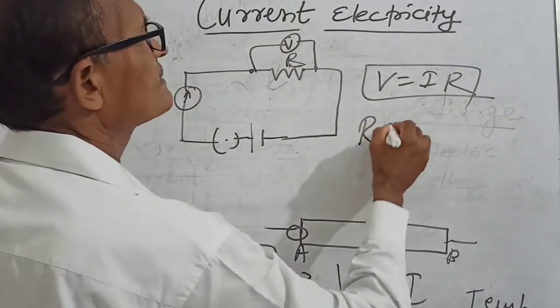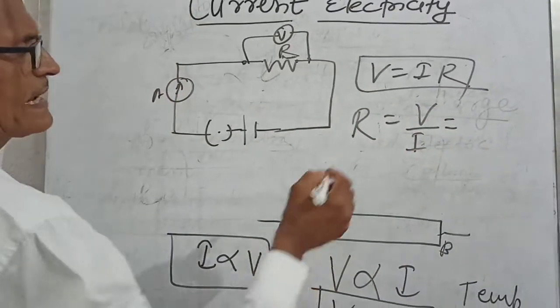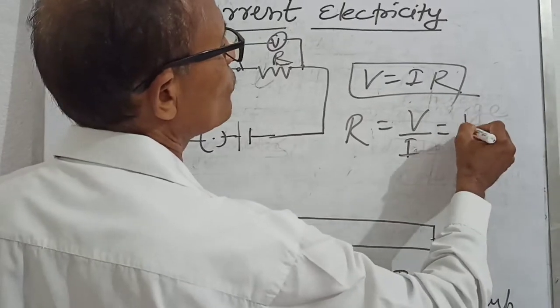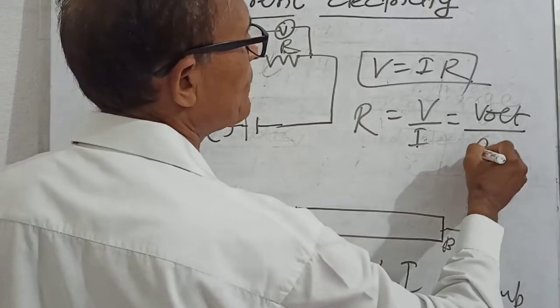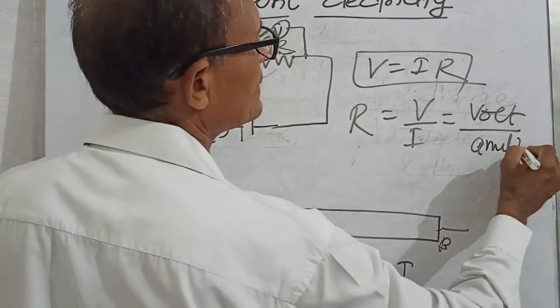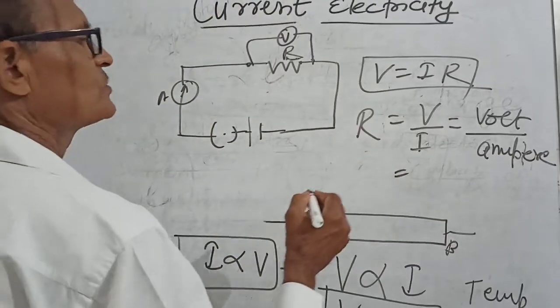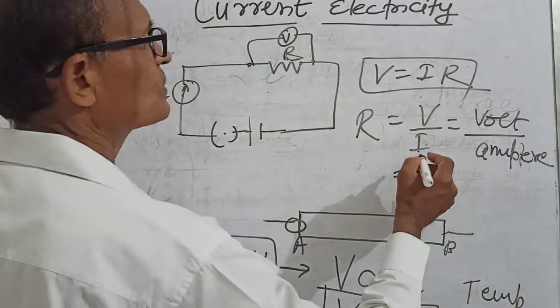From here R is defined as V by I. This potential V has unit volt, and current has unit ampere. Volt by ampere is called ohm, after George Simon Ohm, who gave this Ohm's law.